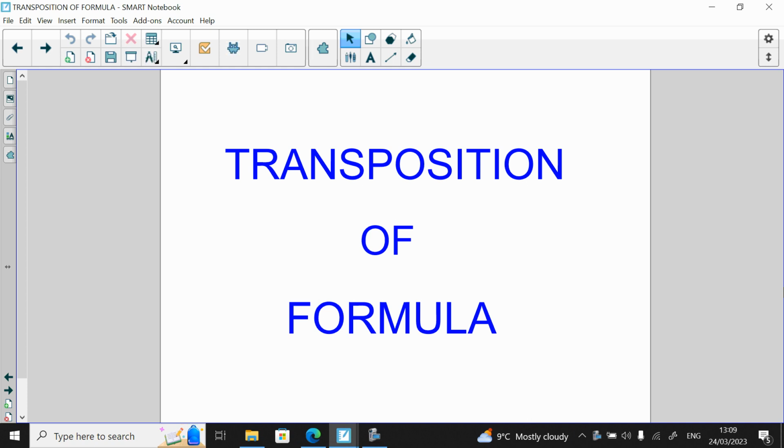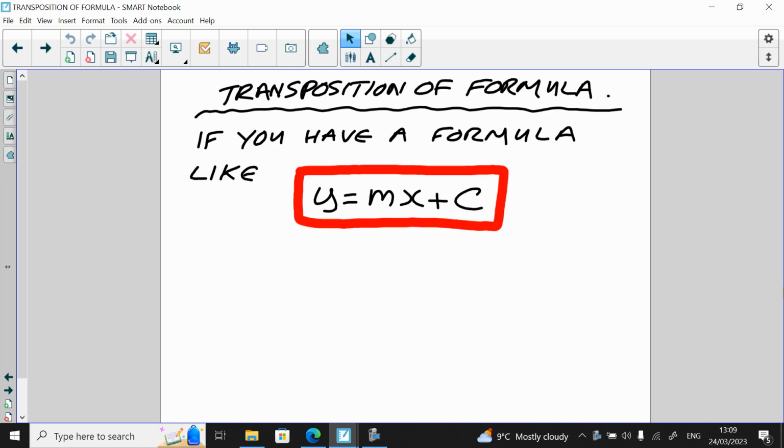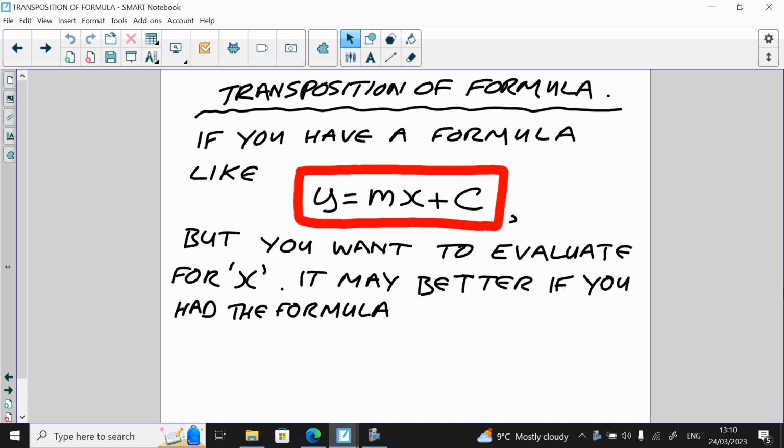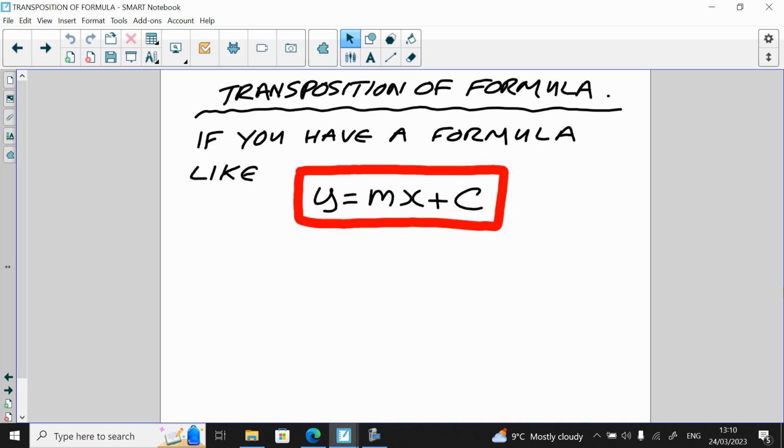Transposition of formula. Some of you know this as change of subject. So it's just moving things about. Like it says here, if you have a formula y equals mx plus c, some of you might recognise this. Usually that would just be to work out y if you knew mx and also the value for c.